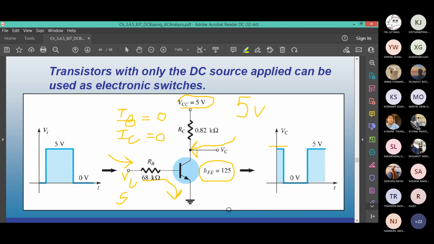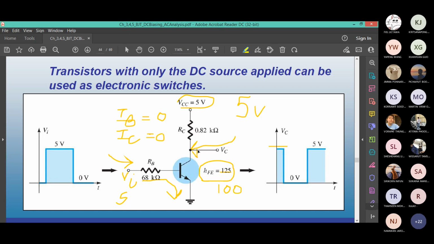Let's do 100 to make it even. 63 microamp multiplied by 100, you will get 6.3 milliamp. Let's call it 100, because with this example, you get a negative voltage. So I want 100.